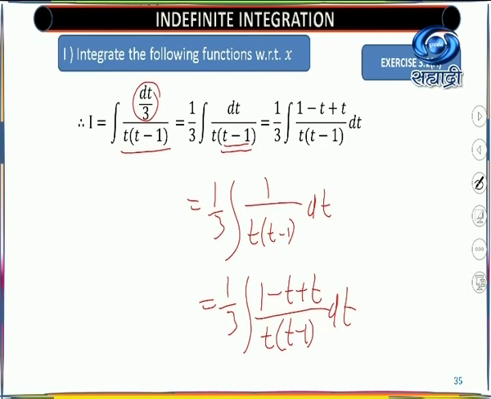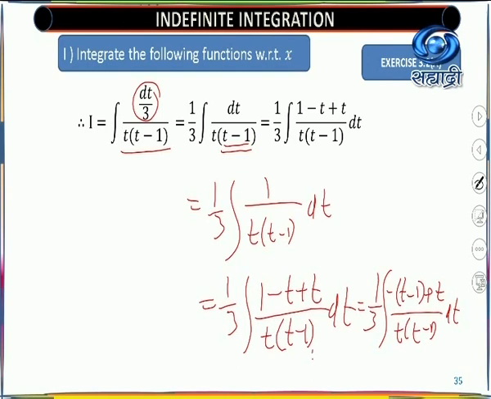How will you get the value? Look here. This is 1 upon 3 integral, now minus of t minus 1 plus t upon t into t minus 1 dt.